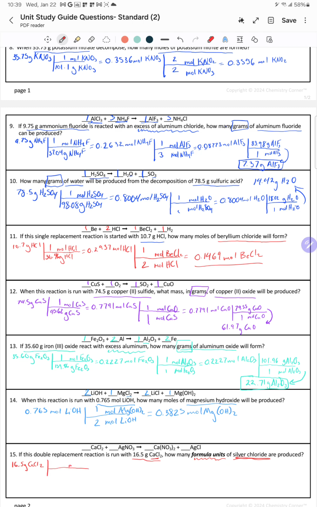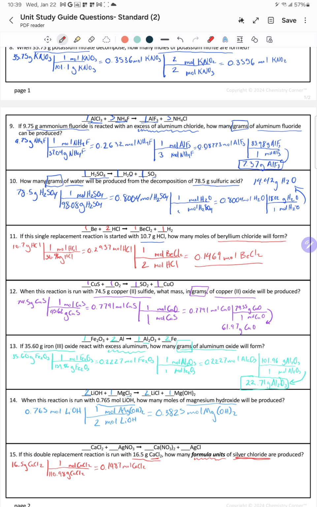Moles of calcium chloride from grams of calcium chloride. So you have to look at that molar mass, how many grams are in 1 mole, and we get 110.98 grams. I multiply top divided by the bottom, and you end up getting 0.1487 moles of calcium chloride.